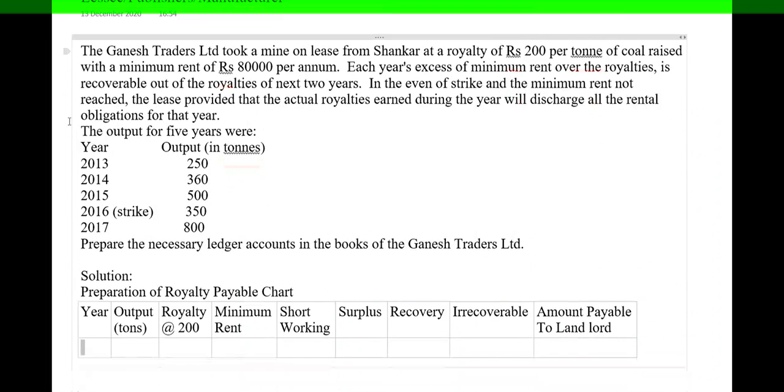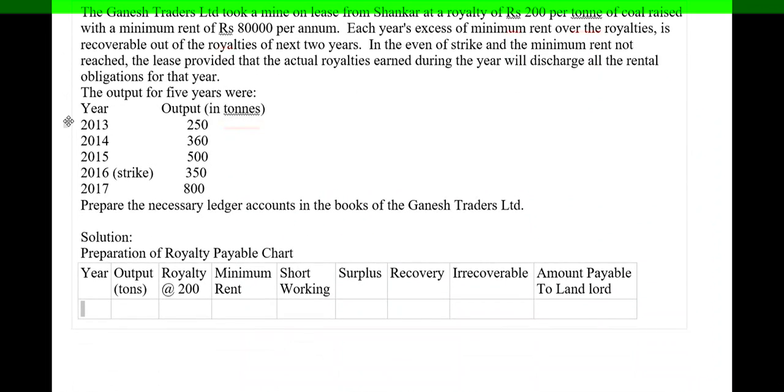So now the first year 2013, so output is 250, so 250 into 200, that comes to 50,000. The minimum rent here is 80,000. So there is a short working of rupees 30,000. There is no surplus, there is no recovery. So amount payable will be rupees 80,000.